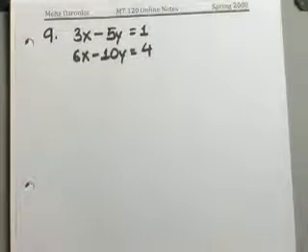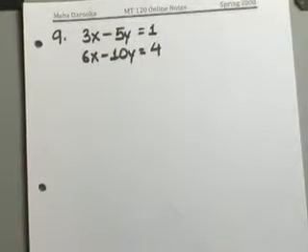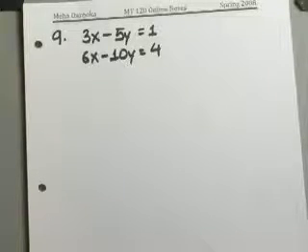Okay, want to look at one more example here. In this example, we are looking at our system, which is 3x minus 5y equals 1 and 6x minus 10y equals 4.